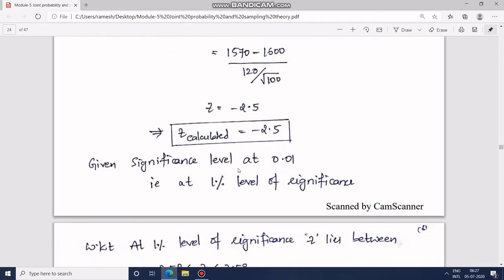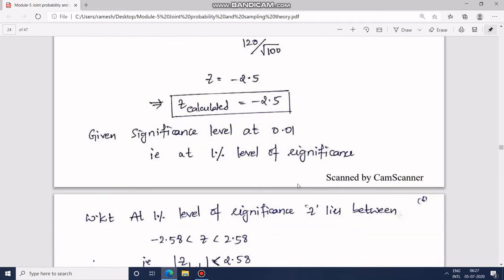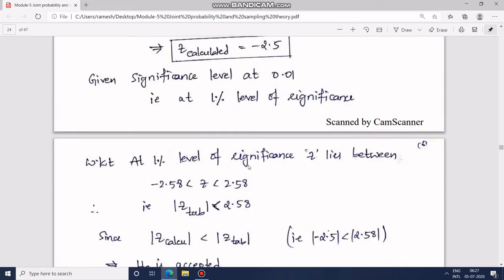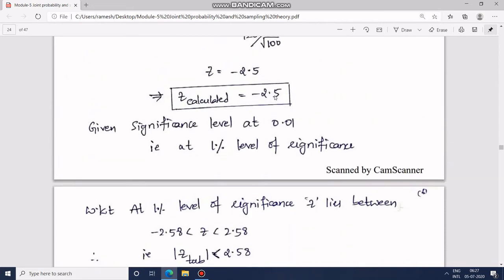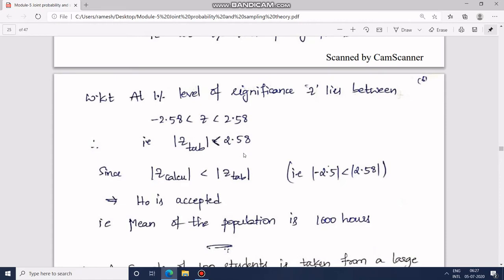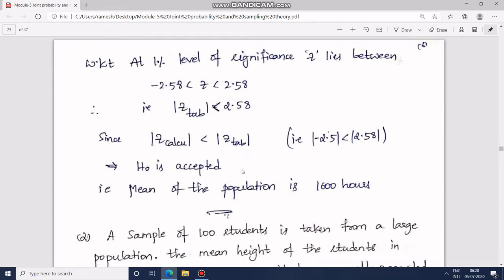But already we know that at 1% level of significance, Z lies between minus 2.58 to plus 2.58. Here, the Z calculated value is minus 2.5, that lies between minus 2.58 to plus 2.58. That means our assumed hypothesis H naught is accepted.